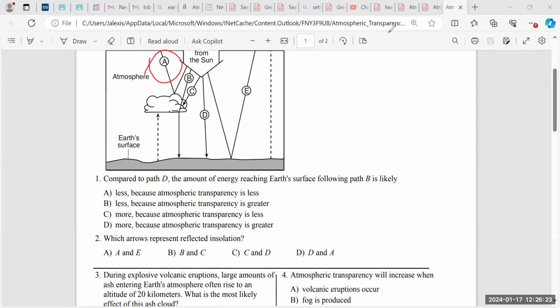And we know there may be some material on the ground that could reflect insolation, right? If we remember our notes, it could be snow on the Earth's surface, it could be sand on the Earth's surface, but there's definitely something on the Earth's surface that can reflect some of that insolation. So paths A and E are the only ones showing lines that are bouncing back into the atmosphere.